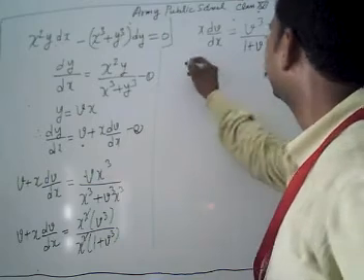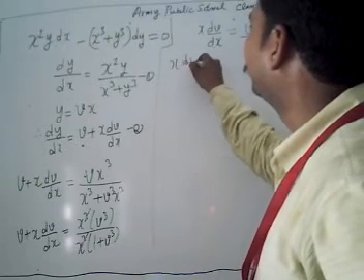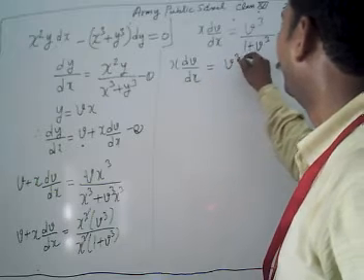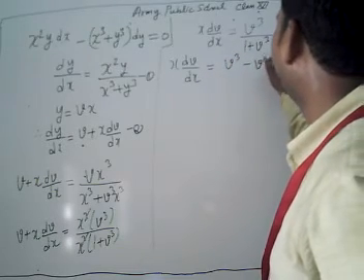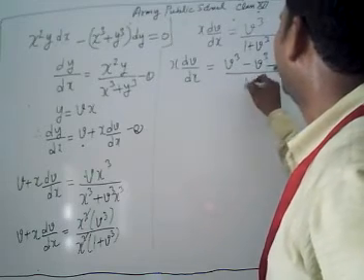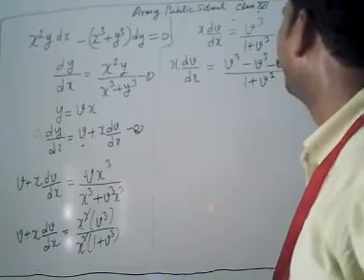Now taking LCM, we have x dv by dx equal to v cube minus v minus v to the power 4 upon 1 plus v cube.